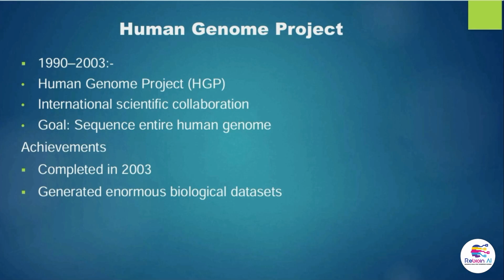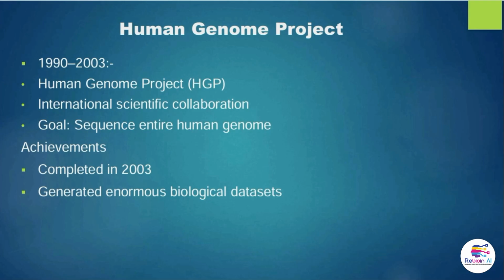The project generated an enormous amount of biological data. Without bioinformatics, this project would have been impossible. Bioinformatic tools were required for storing genomic data, assembling DNA fragments, sequence analysis, and genome annotation. Students should understand that the Human Genome Project transformed medicine and biology permanently.